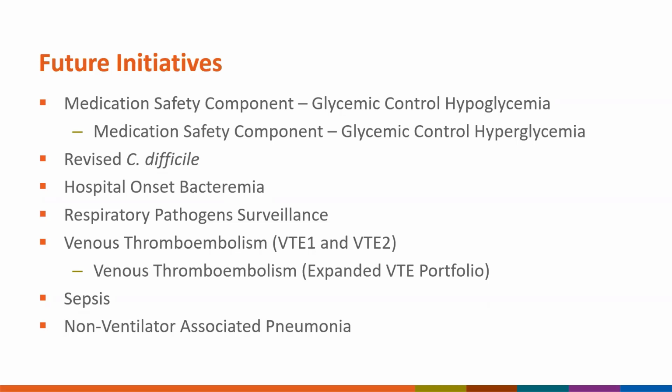We will be coming out with a revised measure for C. difficile. This will be a measure that's slightly enhanced over the current C. difficile measure. And that measure is likely to come out at about the same time as the hospital onset bacteremia measure. And we would expect both of those to be ready sometime during 2023 with implementation guides, et cetera, at some point in 2023.